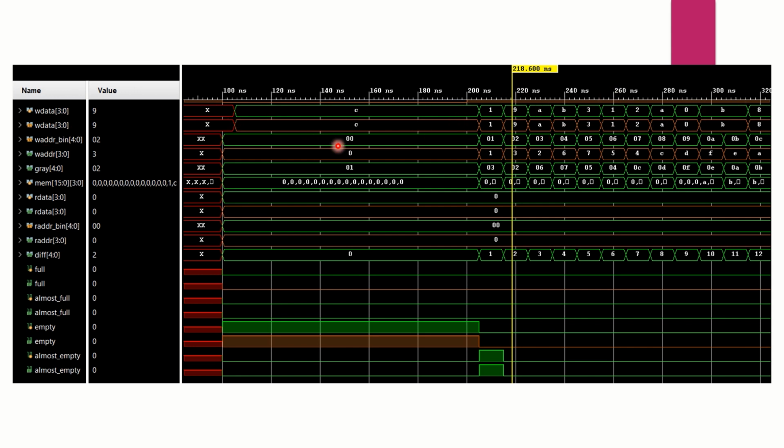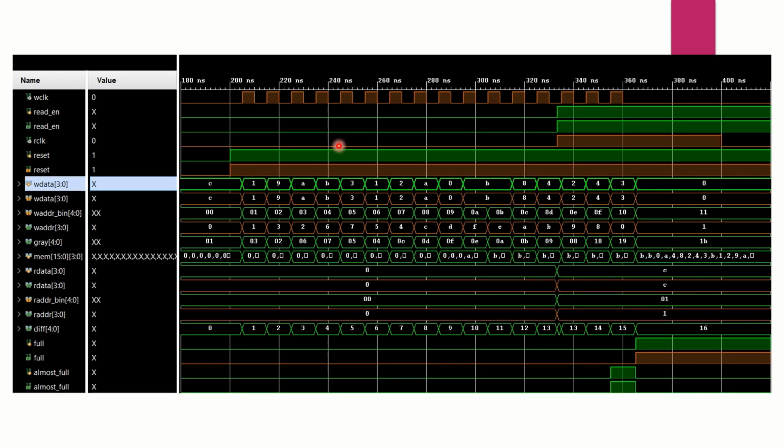We can verify that in the read data waveform in the read domain, which we will be doing in the subsequent slides. The values that write data writes are C1, 9A, B3 and all the way up to 3, after which it stops writing. Now, if you want to verify, we can look at the read data waveform.